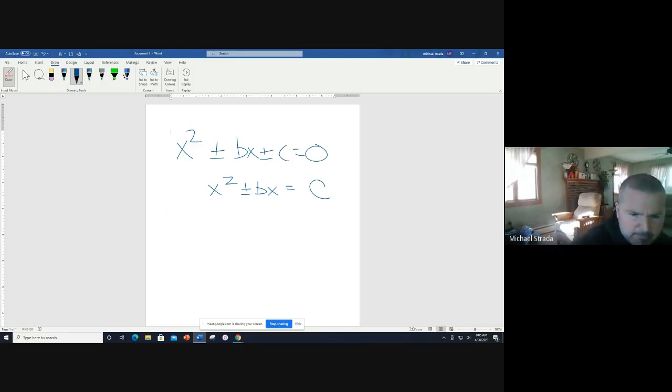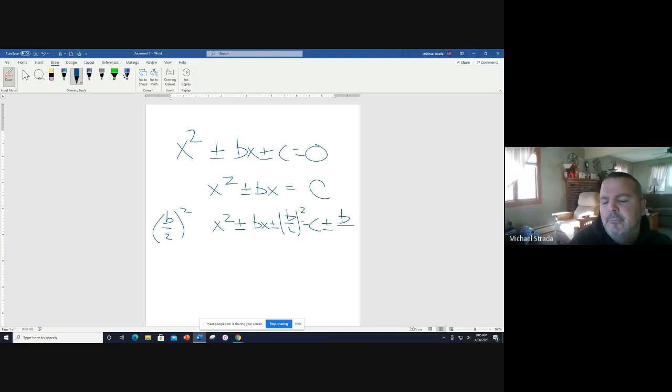Then all we're going to take is b, divide by 2, and square it. We're going to take whatever b is, divide by 2, and square it, and add it to both sides. So you're going to end up with x squared plus minus bx plus minus b over 2 squared equals c plus minus b over 2 squared.